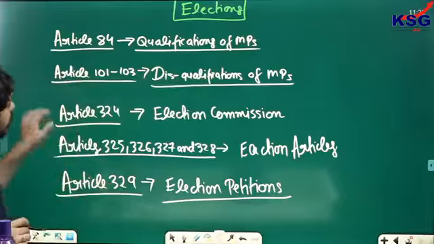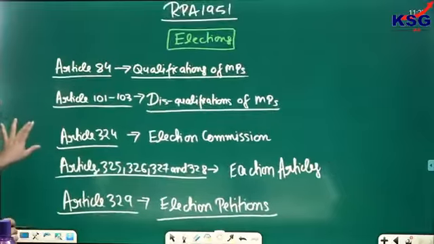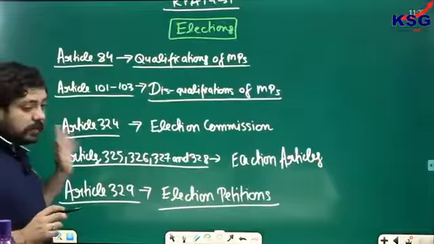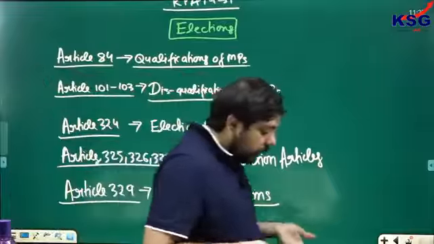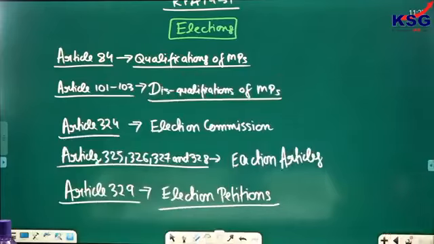Okay, just take a look at these articles as a synopsis. I'll take a quick revision of these articles with you because I want to complete the entire chapter upon election, because it's a very simple deduction that one can make, that in the year of the Lok Sabha elections, if you are appearing for the prelims and the main examination, you will obviously get some questions directly or indirectly associated with elections.